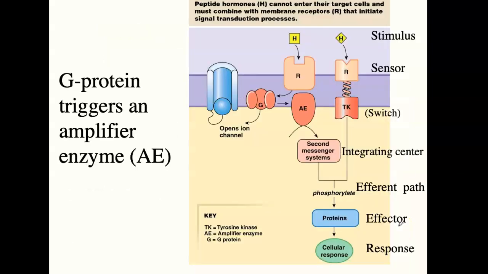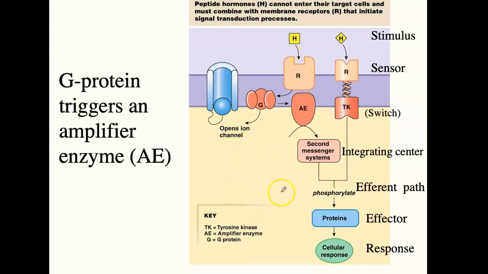So what next? I'm still using that same sequence of the stimulus, the sensor, the integrating center, the effector, and the response, right, that we had with the fish tank. So I want to go down this side. There's 2 mechanisms, 1 and 2, but I want to go down this one first. So here's the hormone, attaches onto the receptor.